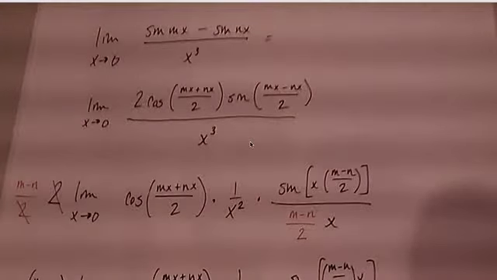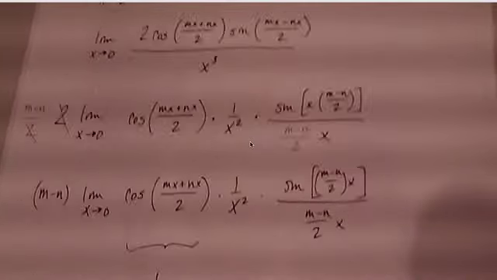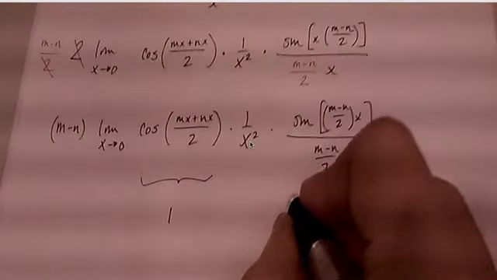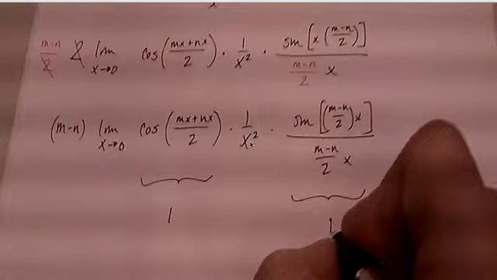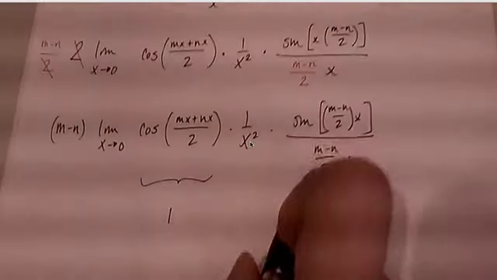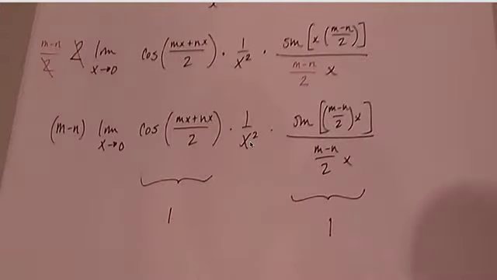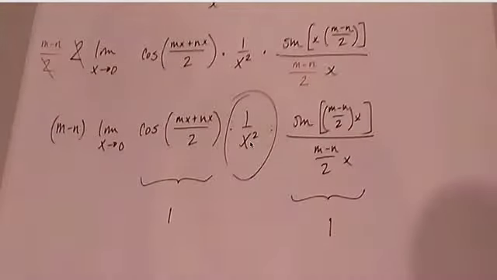Now this right here, when you plug in 0, is going to be 1. We've already talked about that, right? This one, when you plug in, is going to be 1, okay? Because the coefficients match, and that's our identity. The question is, what happens with this bad boy, okay?